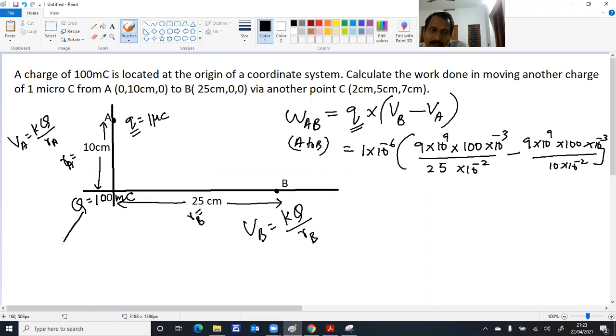The charge which remains stationary will be the source charge, and the one moving from one point to another will be the test charge. Wherever two charges are given, no confusion. The potential is all due to the source charge.